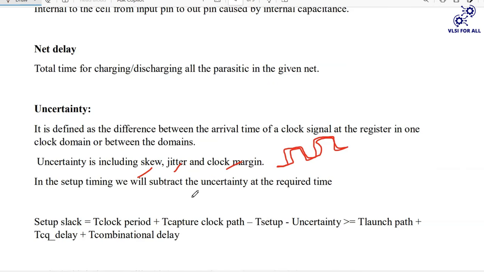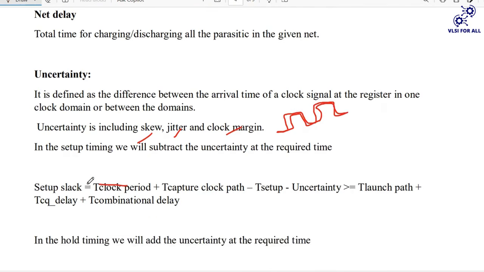In the setup timing, we subtract the uncertainty at the required time. For the setup slack: clock period plus capture clock path minus setup minus uncertainty, greater than T launch path plus TCQ delay plus combinational delay. That is the setup slack.